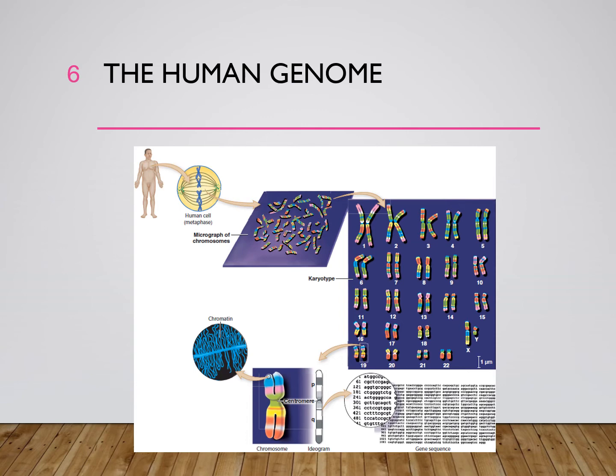And these are arranged in pairs by size. So you can see that chromosome 1 looks the largest, and then as we get all the way down to pair 22, they're extremely small. So this is the karyotype, all of these 46 chromosomes that you see here.